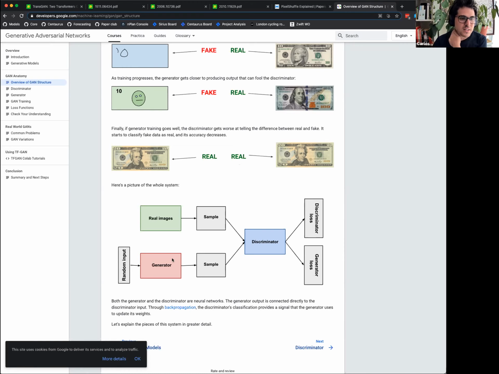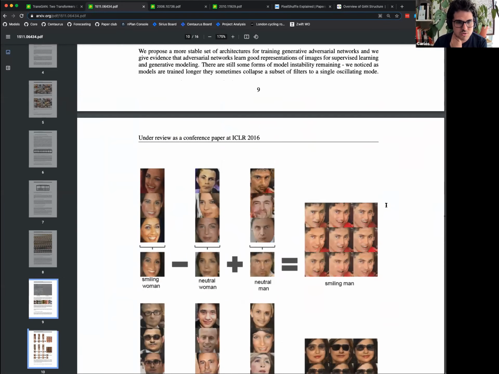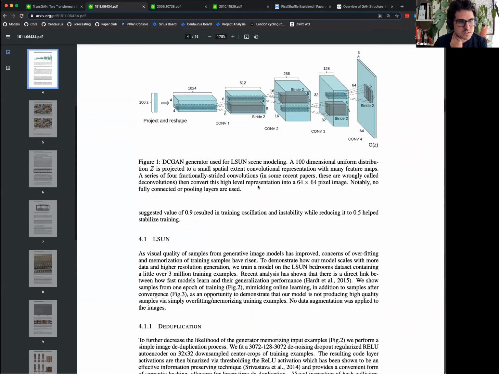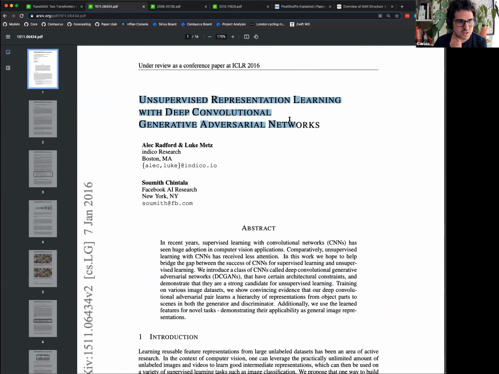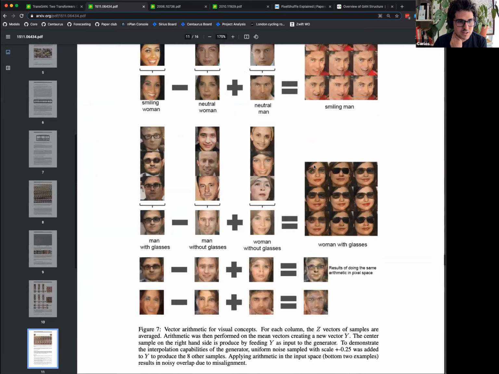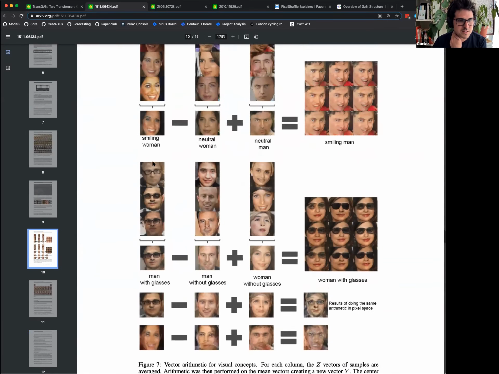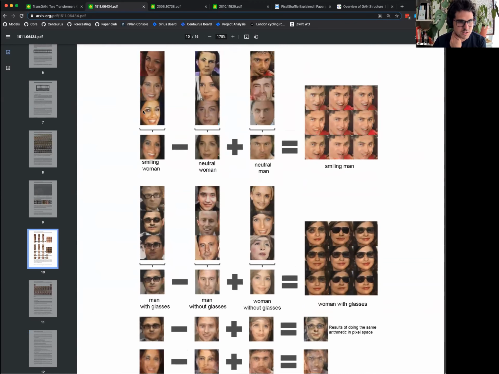And just as a testament of how powerful this training procedure is, there is a paper on unsupervised representation learning, which is not the paper that we're going to look into today, but one of the interesting things they see is that they do arithmetic operations with the noise.